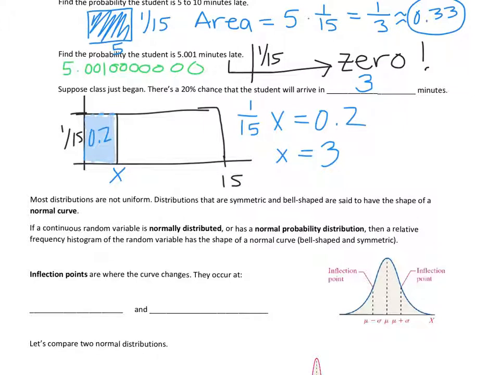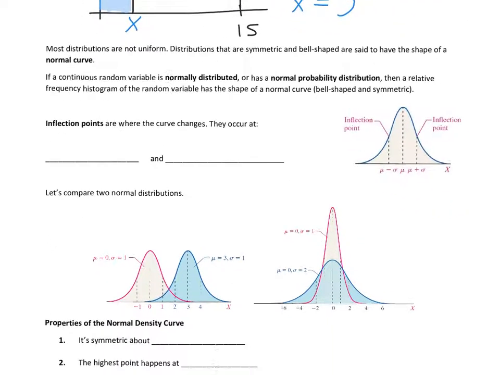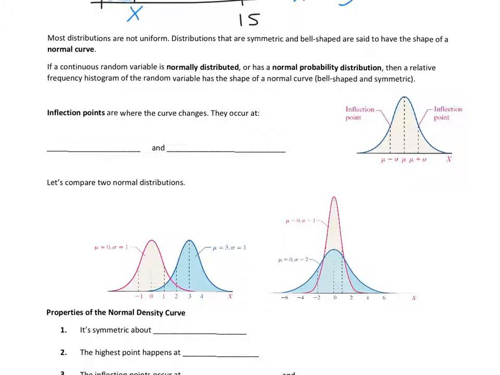Okay, so that just got us used to our continuous random variable. We need intervals. Area is probability. The continuous random variable we're going to work with often is the normal curve. So most distributions are not normal. Distributions that are symmetric and bell-shaped are said to have the shape of a normal curve.